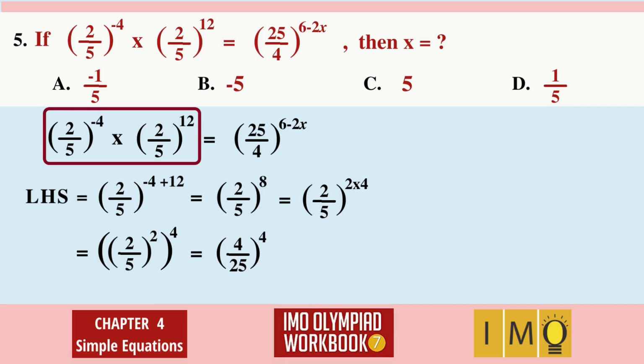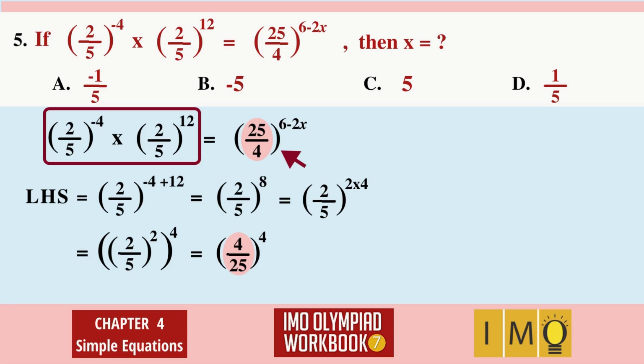Can you figure out why we did all of this? This is to match the base on both the left side and the right side of the equation. But wait, on the left side it is 4 by 25 and on the right side it is 25 by 4. So it is the reciprocal of each other.